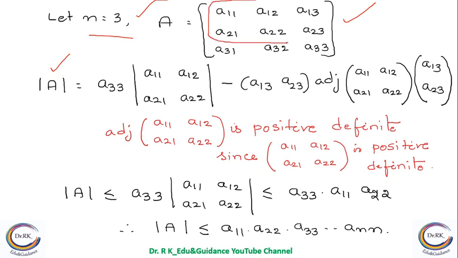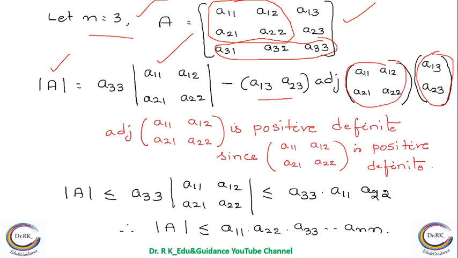If we want to make use of it, we have to expand along a row where this comes into the picture. That is why the expansion is done along this row, so that we can make use of it. So it is like A33 into A11 A22 minus A12 A21, and the rest can be written with A13 and A23 and the adjoint of the same. I think this is a novel approach.